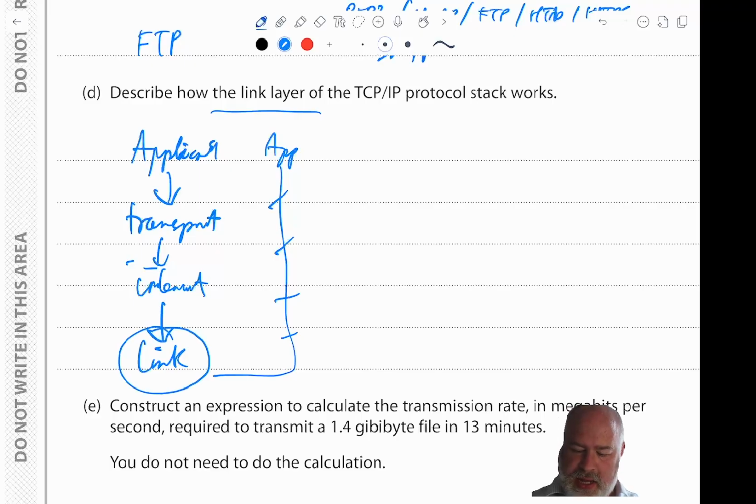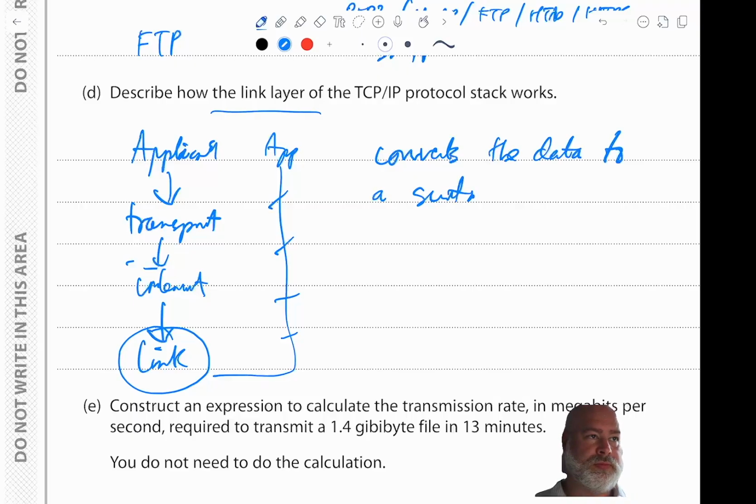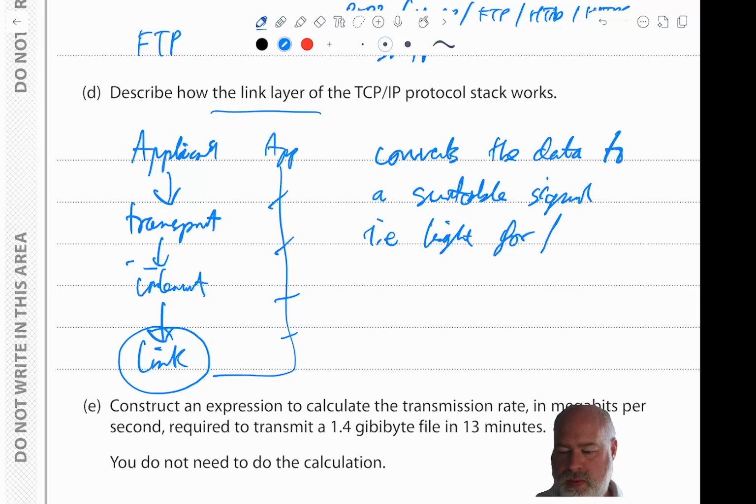So the link layer converts data to a suitable signal: so light for fiber optic, or radio waves, or electrical for copper wire.